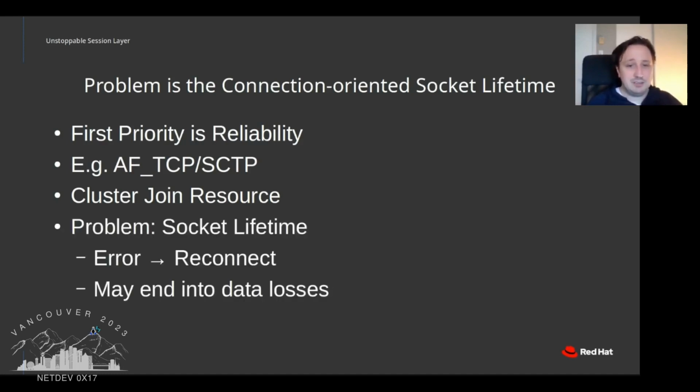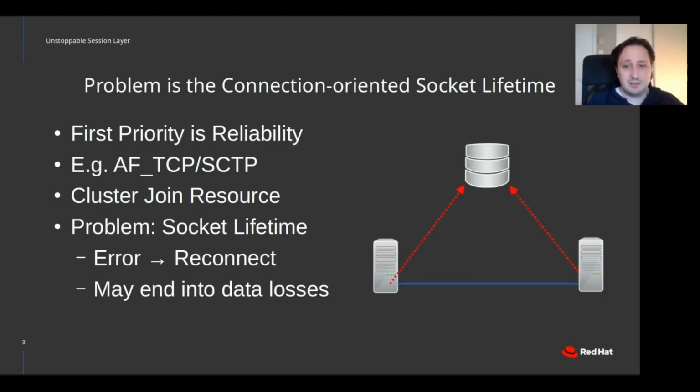The problem here is the socket lifetime. When we get, for some unknown reason, a reconnect, the reconnect mostly works. But when we have a reconnect, we have a new socket, and this may end in data loss. For example, we start our socket from one PC to another endpoint and send some messages out.